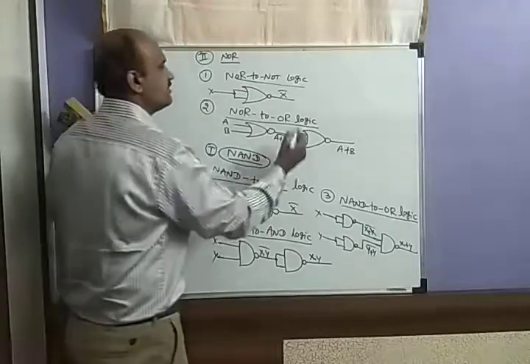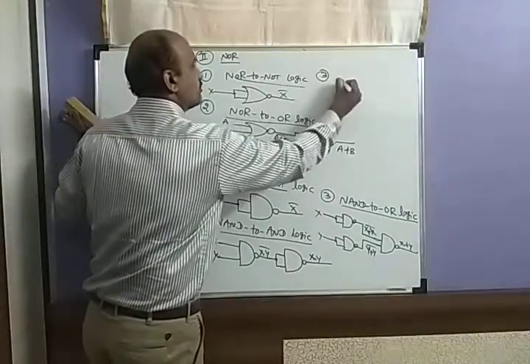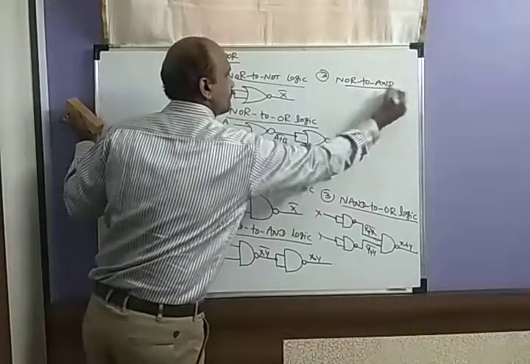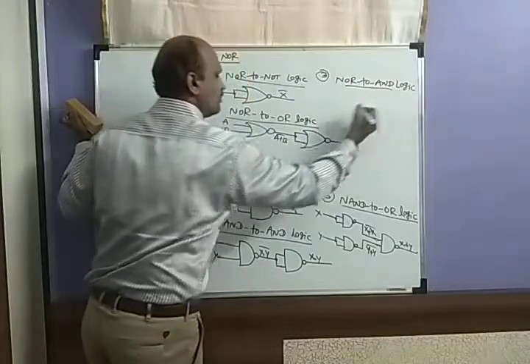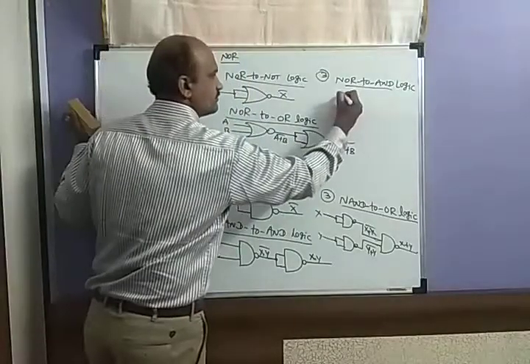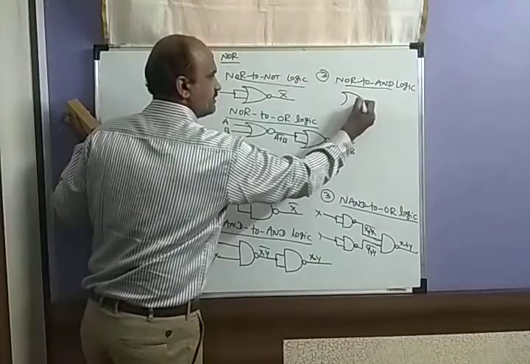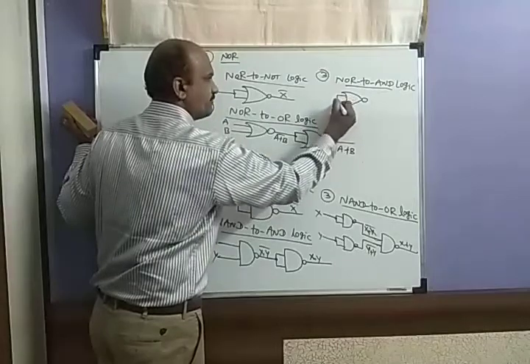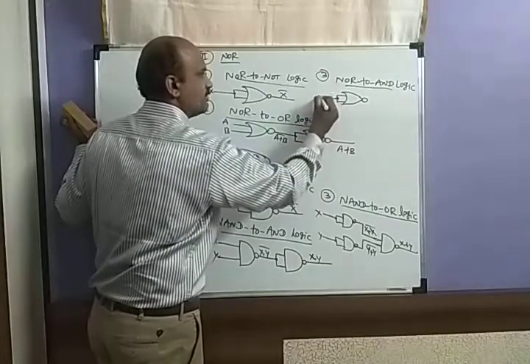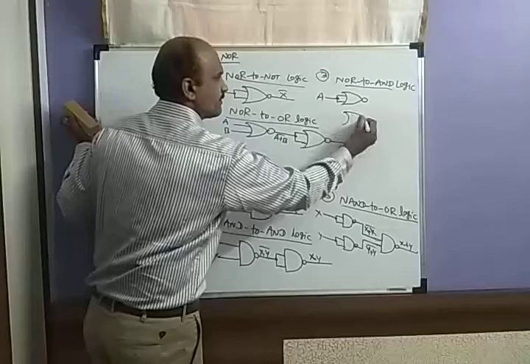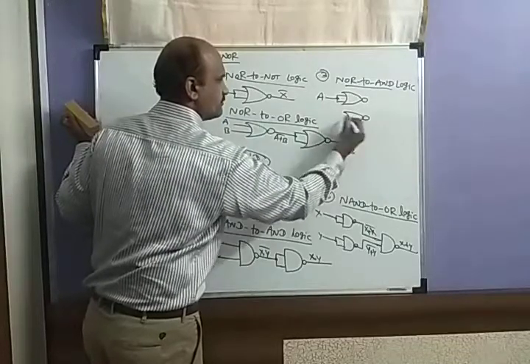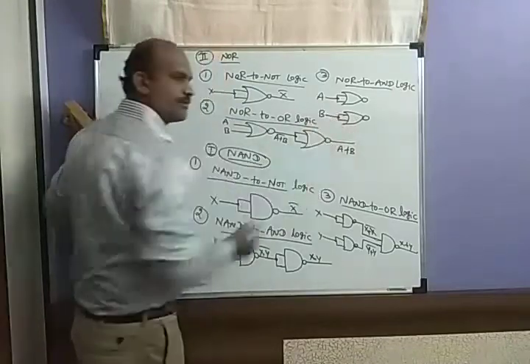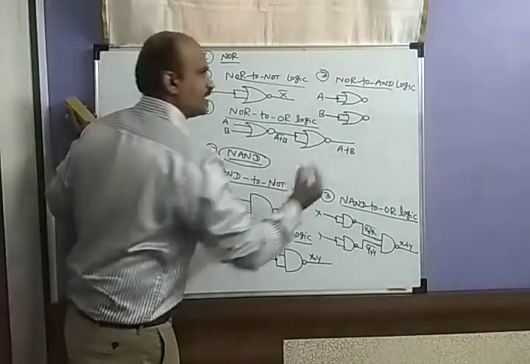Now NOR to AND logic. You can take the inputs separately now. Anything is correct, whether you take them separately or as a single input. If you take one as A, we will take another as B, and both will combine again.